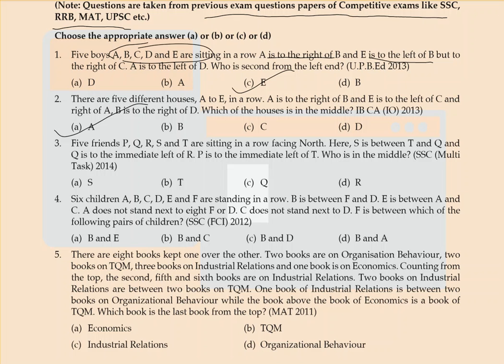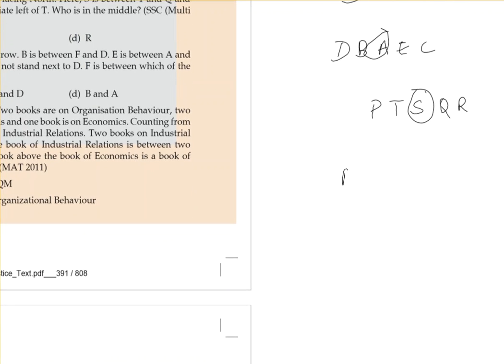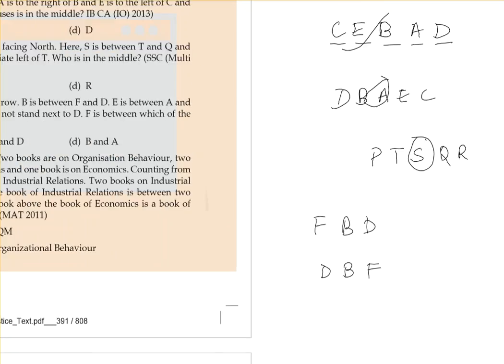Now, six children A, B, C, D, E, F are standing in a row. B is between F and D. B is between F and D means two cases are there.